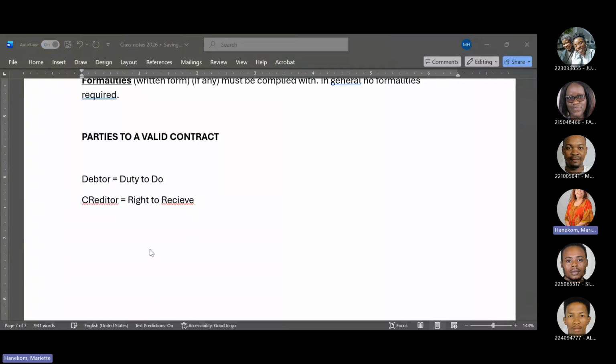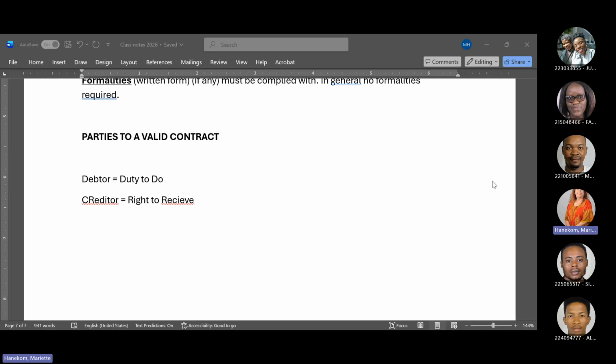So if I've sold my car, let's give Mr. Sharuma a break for a change. Let's move on to Mr. Hayala. I've sold my car to Mr. Hayala for $200,000. In this contract, there are various obligations.